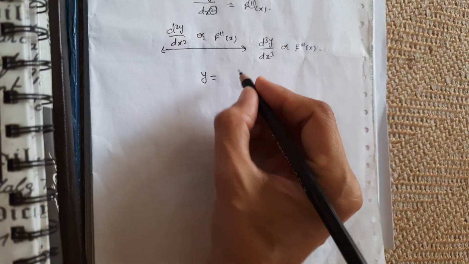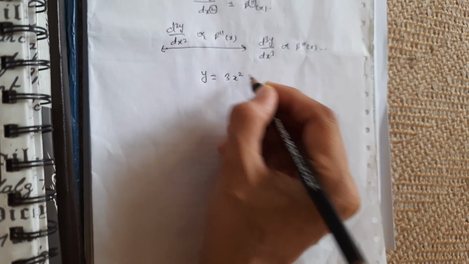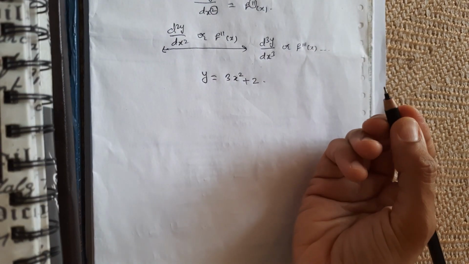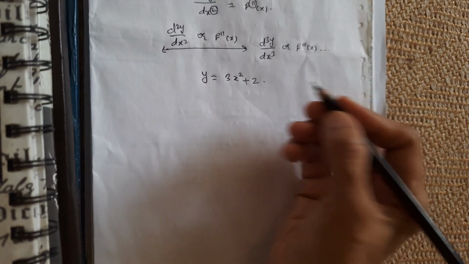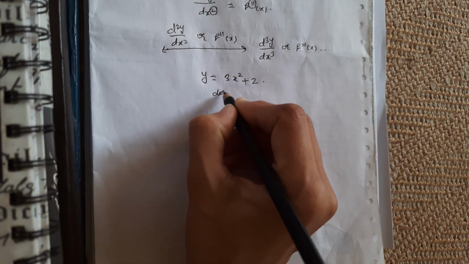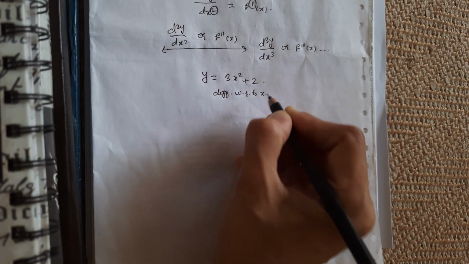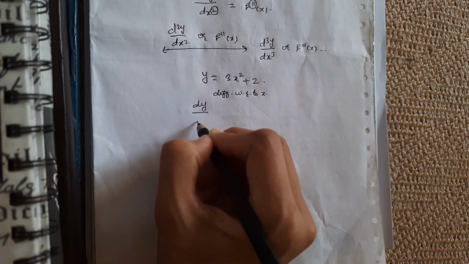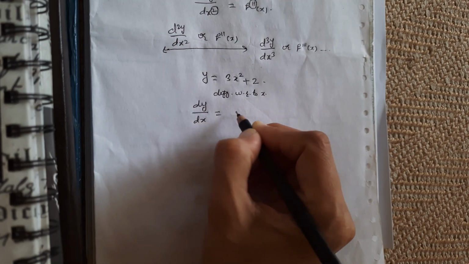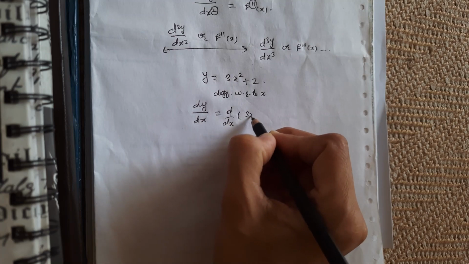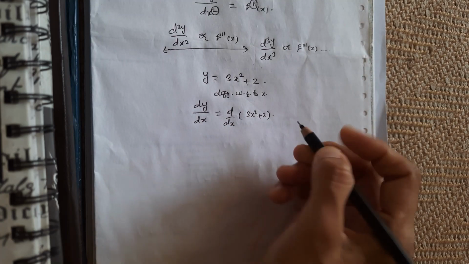Suppose I have y equals 3x square plus 2. When I differentiate with respect to x, I will get dy by dx equal to d/dx of 3x square plus 2.